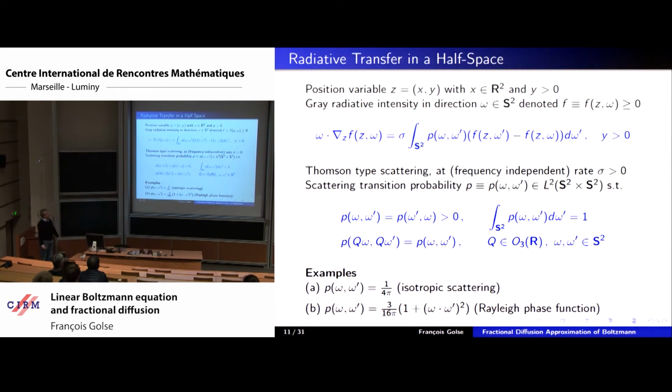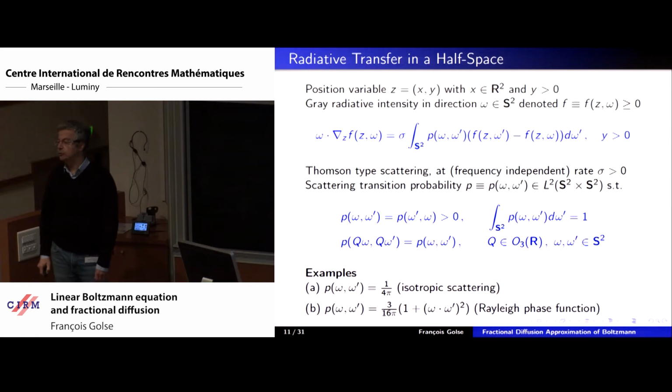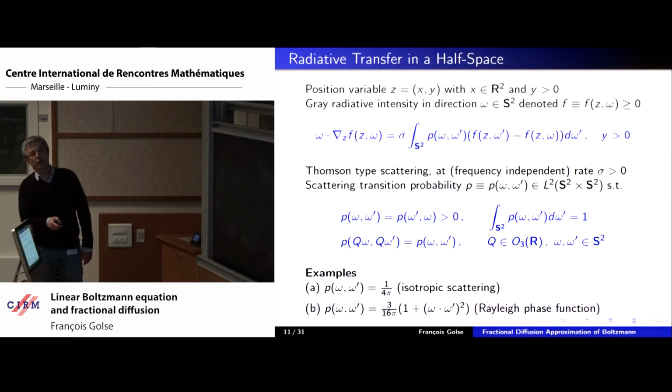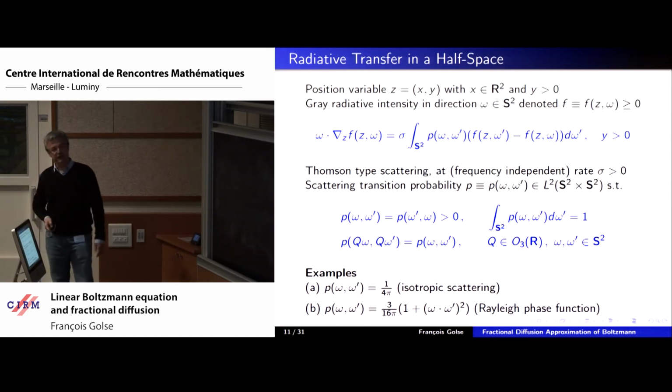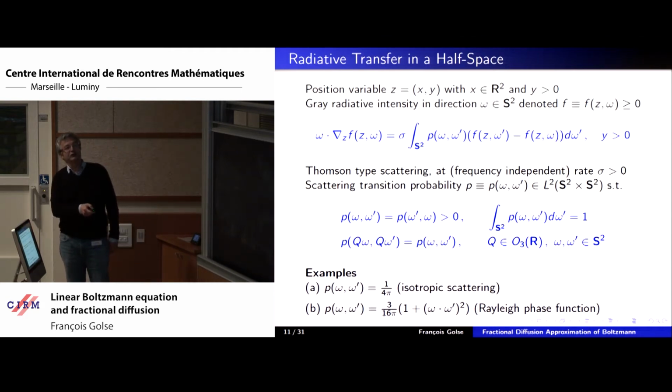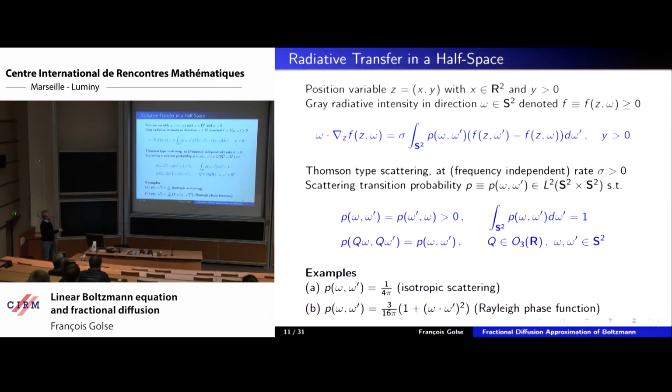So p of Q omega, Q omega prime is equal to p of omega, omega prime for all orthogonal matrices Q. There are numerous examples of such phase functions. Of course, you have p equal to 1 over 4 pi, so it's isotropic scattering. Here you just have the average of f in omega prime.